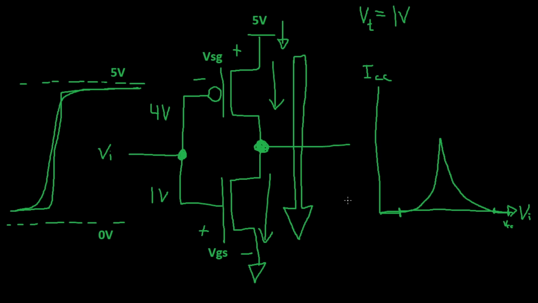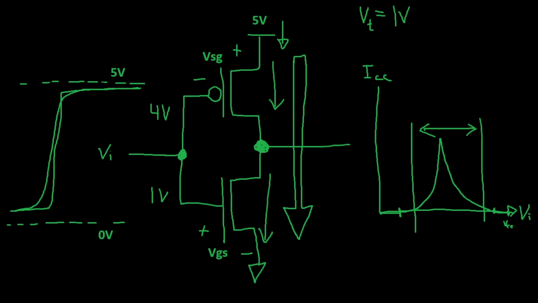So this is a very common curve to see for the input versus ICC of a logic device. And generally, you're going to want to avoid getting into this range of operation for any type of CMOS input.